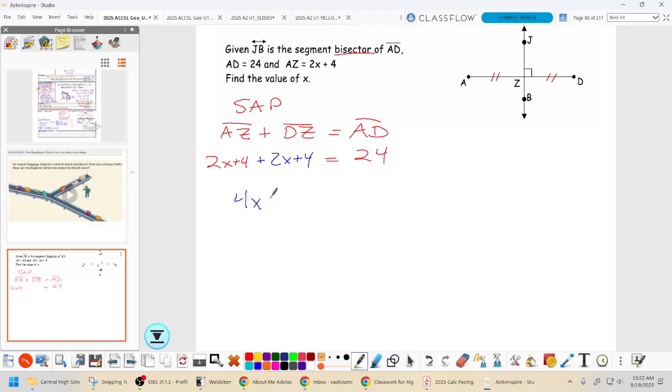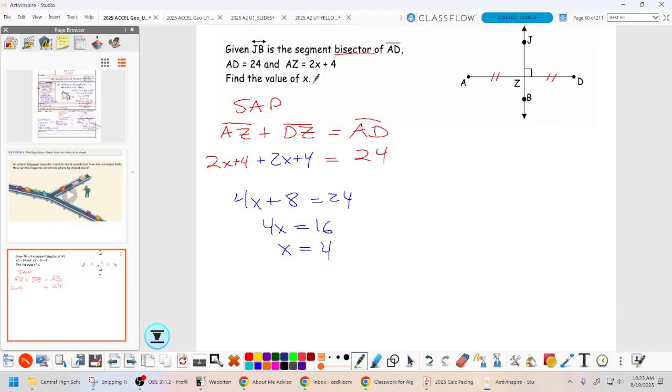Okay, so we get 4x plus 8. Then we get 4x equals 16 and x equals 4. It says find the value of x in this case. Remember, sometimes it will go back and say what is the length of AD, or excuse me, AZ or DZ or whatever. So just keep an eye on that back check, that's plugging back in.